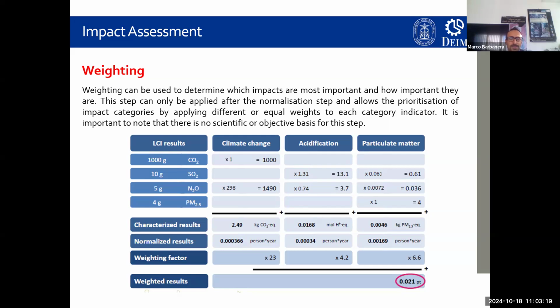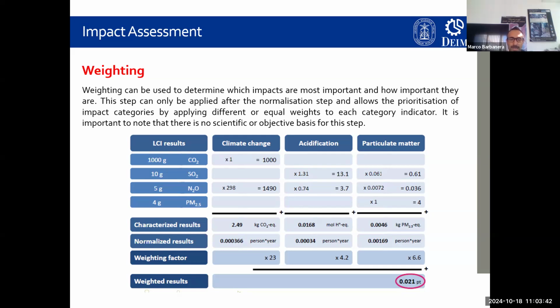So it is a sort of conventional way to express the final result, but this unit does not have a specific meaning.